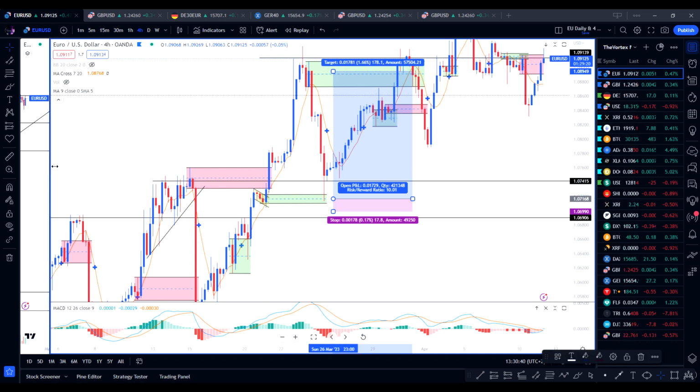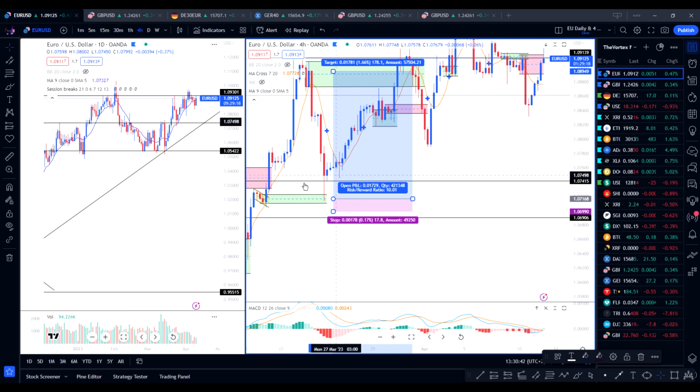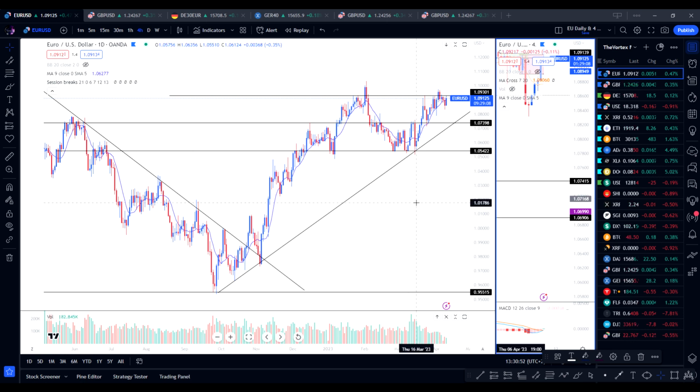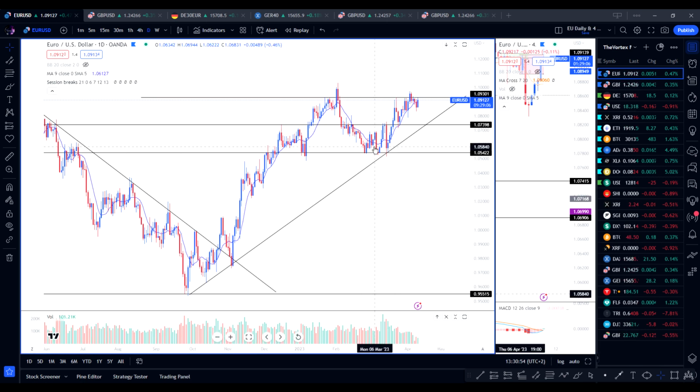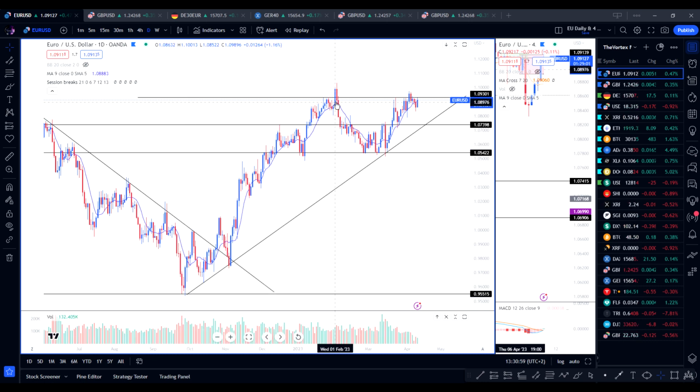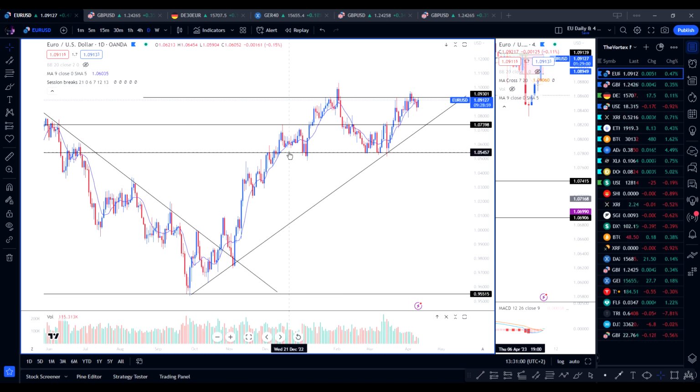But remember, we always have to start on the daily, which would help us see where is price going? Where are the major support levels? Where are the major resistance levels? What are we looking at? So on the daily chart for Euro USD over the past month or so, we can see that price has been trending upwards for quite some time now, and it formed a local support zone right at this line over here at around the 1.05 level.